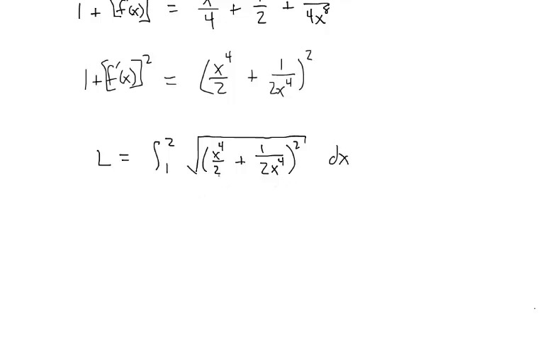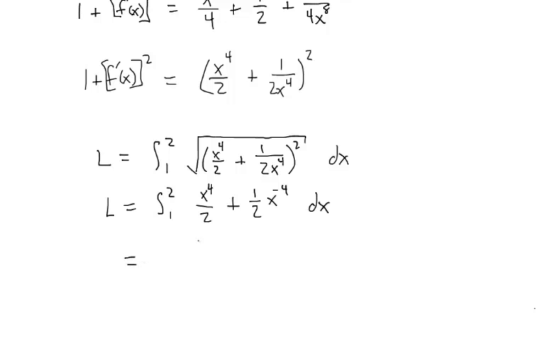And now the square and the square root cancel each other out, and we're left with L is equal to the integral from 1 to 2 of x to the fourth over 2 plus 1/2 x to the negative 4 dx.